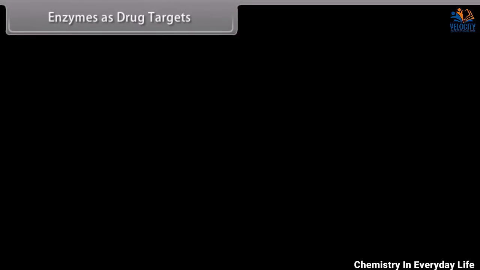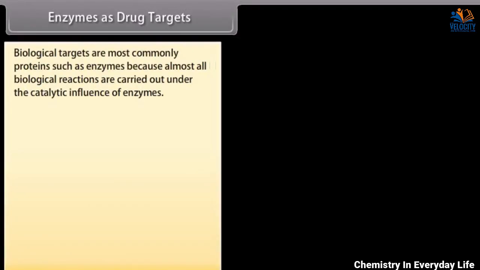Enzymes as drug targets. Biological targets are most commonly proteins such as enzymes because almost all biological reactions are carried out under the catalytic influence of enzymes. In their catalytic activity, enzymes perform two important functions.